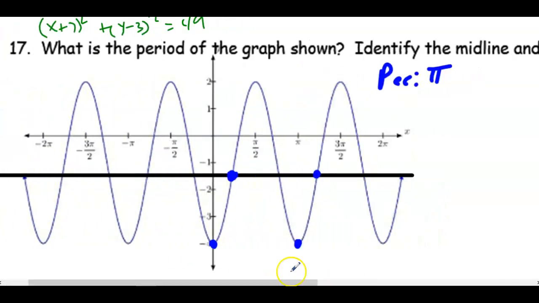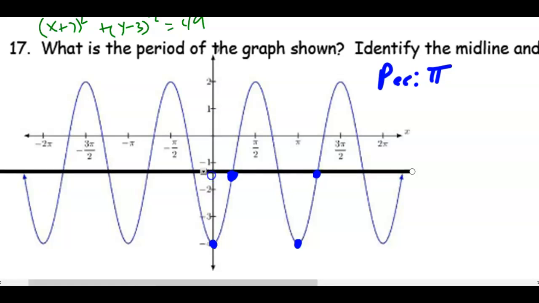Well, the midline would be the middle of this thing. So this is the low, 4, and then this is the high, 2. Then what's that distance? Wait, yeah. So if that's 2 and 4, that's a distance of 6. So the midline is actually right here at -1. Oh, damn it. Let's delete that.